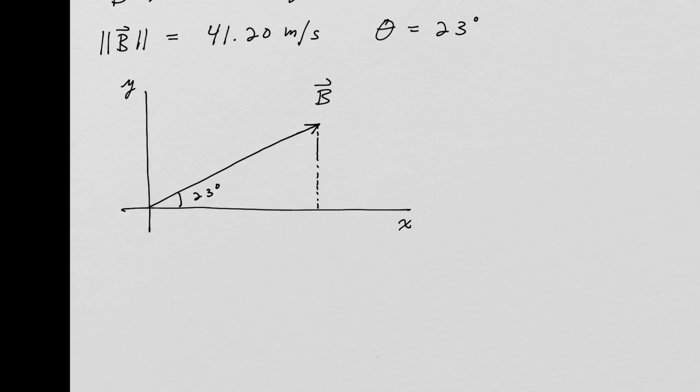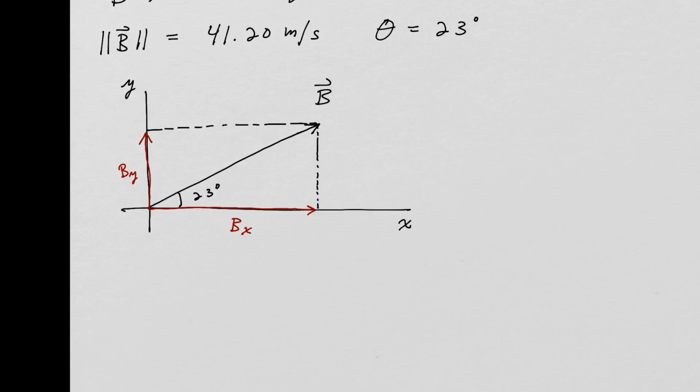And then this distance from the origin out to that line is going to be my x component of B. So I'll write it B sub x. And then if I project a line from the tip of the vector onto the y-axis, perpendicular to the y-axis like this, then this vertical value here is going to be my y component of B. So I'll call it B sub y.